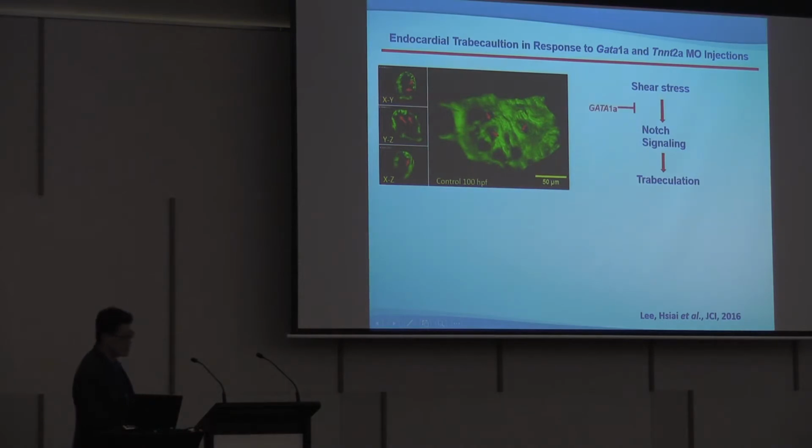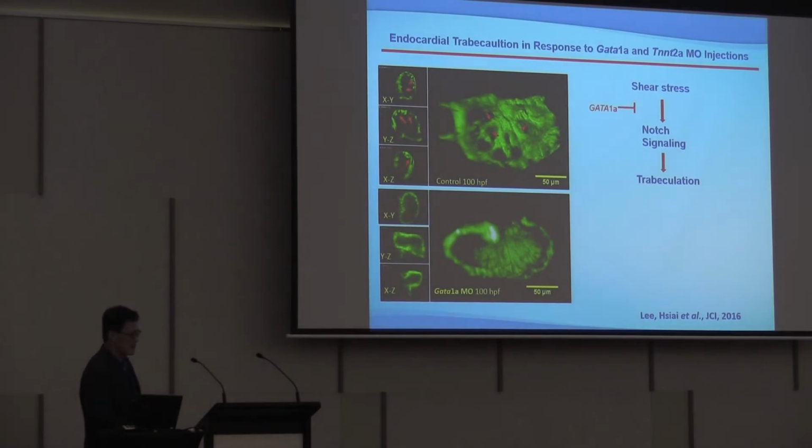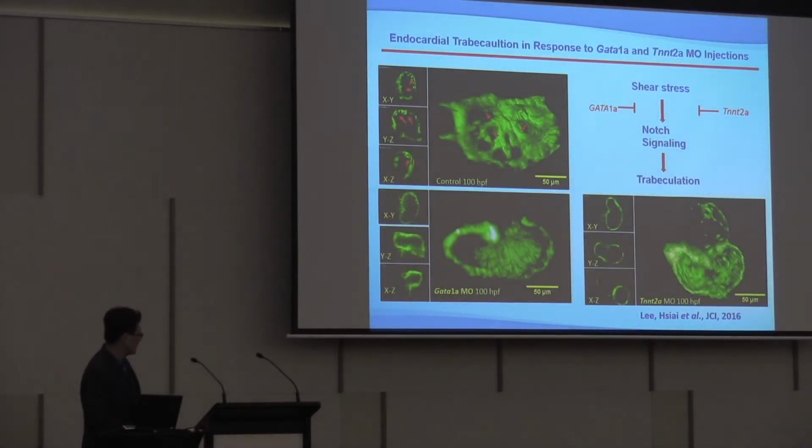So one could genetically manipulate the fish by GATA1 morpholino to reduce viscosity, thereby shear stress, so that reduction in shear forces attenuates the presence of trabeculation. In parallel, one can also inhibit contractility by introducing TNNT2 morpholino to generate this attenuated endocardial trabeculation.